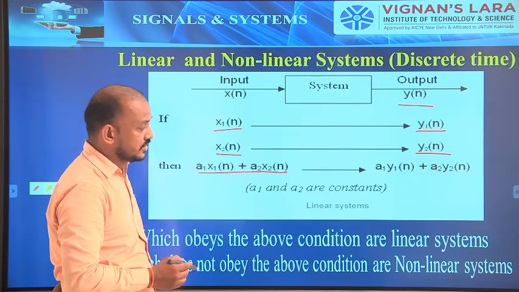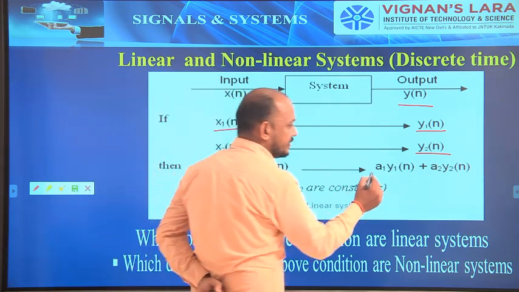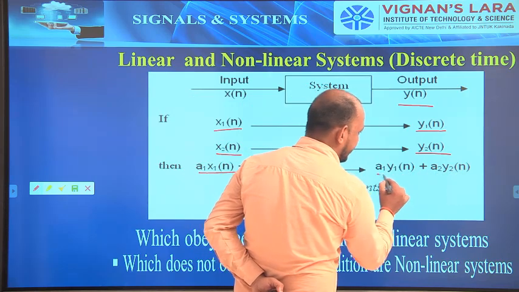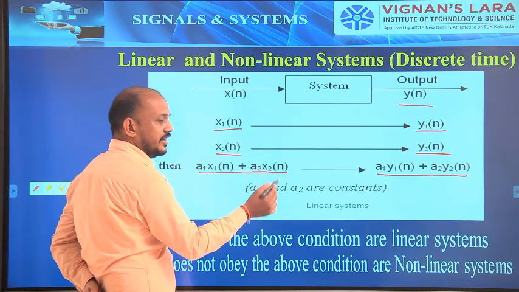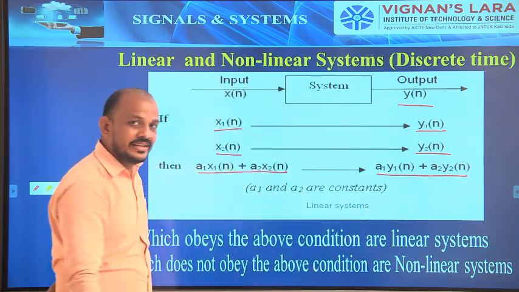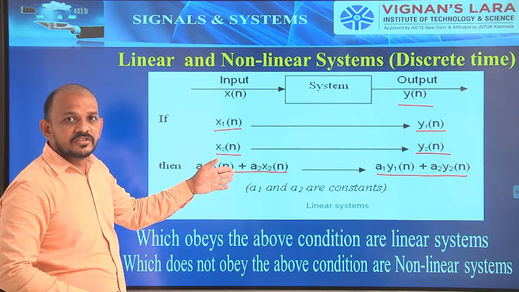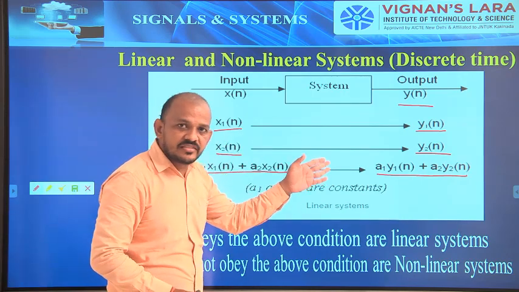If the system gives the output as a1 y1 of n plus a2 y2 of n, for an input a1 x1 of n plus a2 x2 of n, then we can say the system is following the principles of superposition and homogeneity, and that system is a linear system.